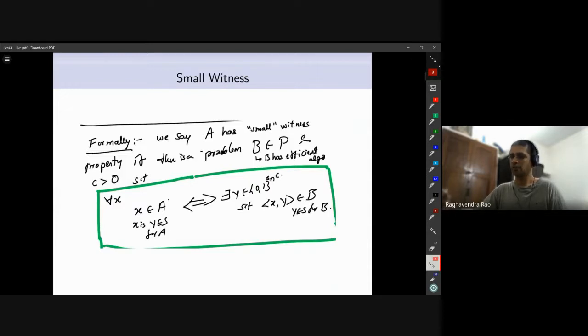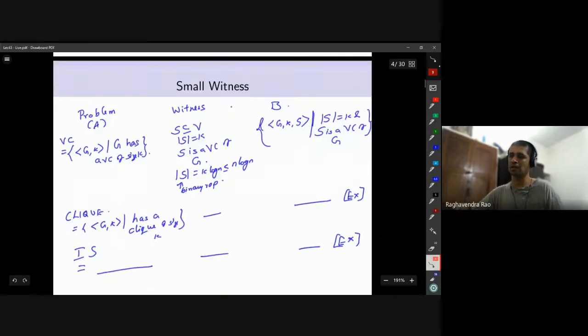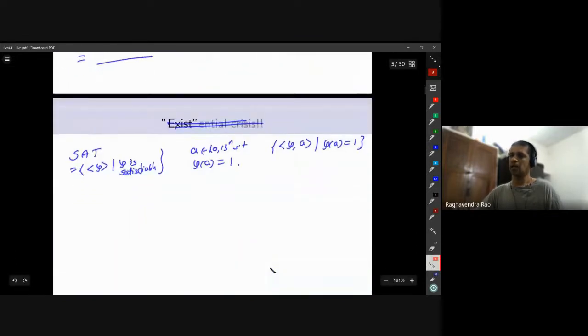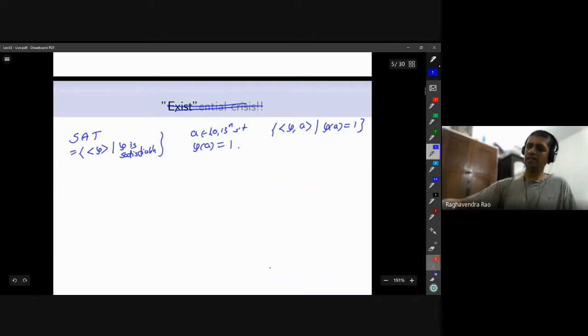These are basically characterized by witness problems or witness languages. So for each problem that we have considered, there is a corresponding witness language. So now we define the class NP, which stands for non-deterministic polynomial time.